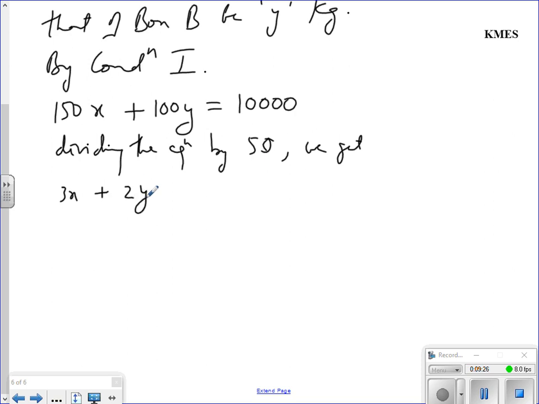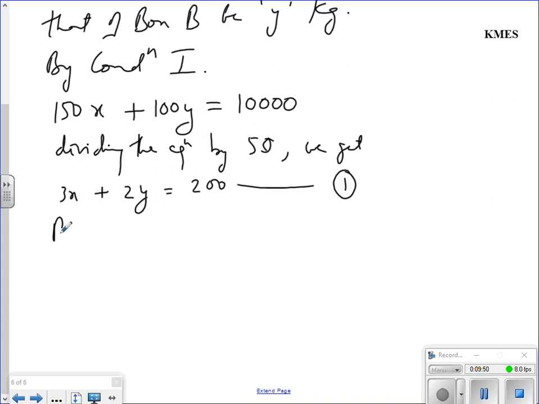If I divide 100y by 50, equal to, when we divide 10,000 by 50, we get 200. That will make us equation 1. 3x plus 2y equal to 200.